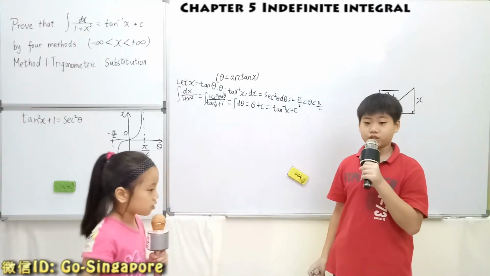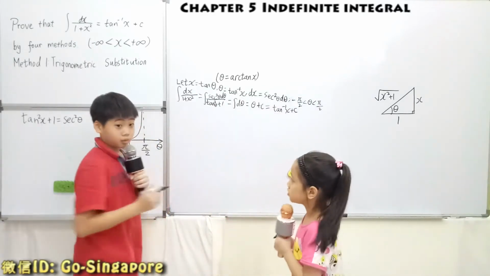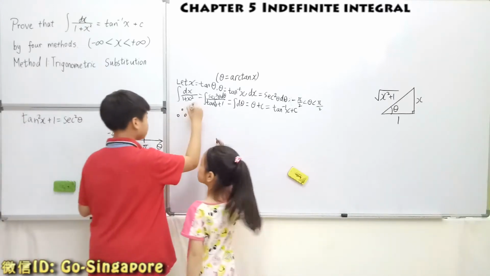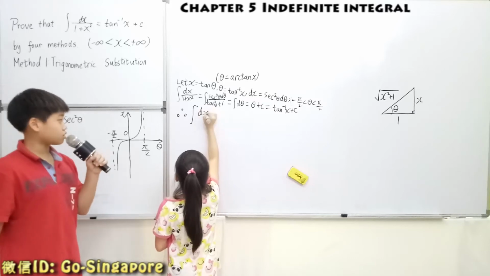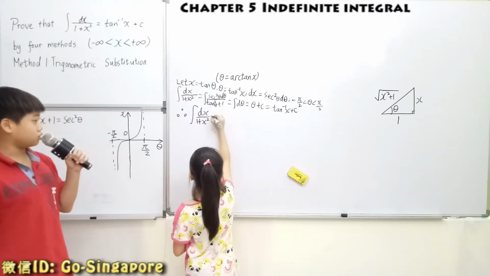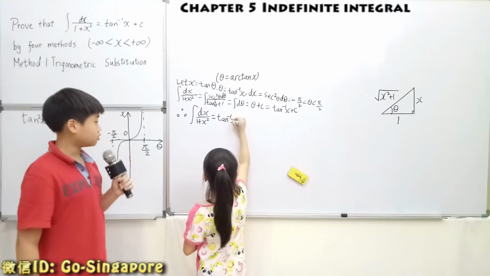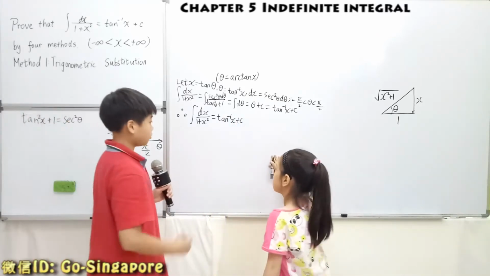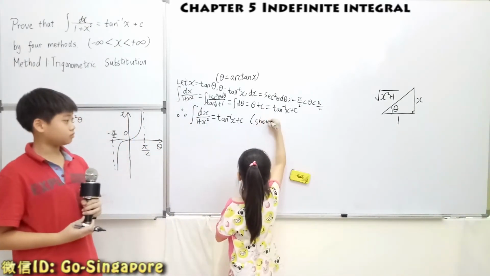But can we use cotangent? So the integral dx over 1 plus x squared is equal to inverse tangent x plus c, and here it's shown.